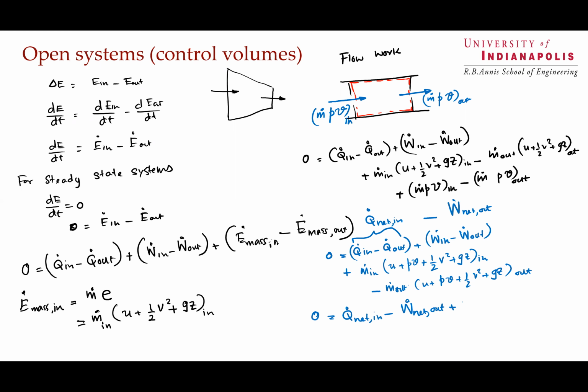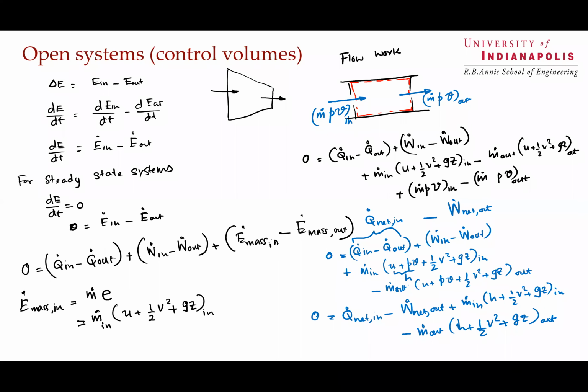Then this is Q dot net in minus W dot net out plus m dot in times, u plus PV is h, so you have h plus half V squared plus gz in, minus m dot out times h plus half V squared plus gz out.